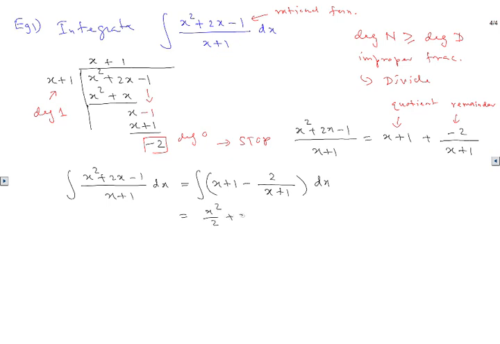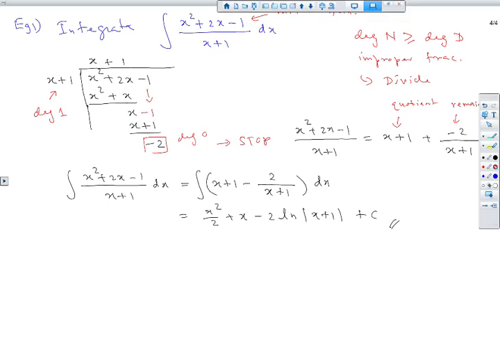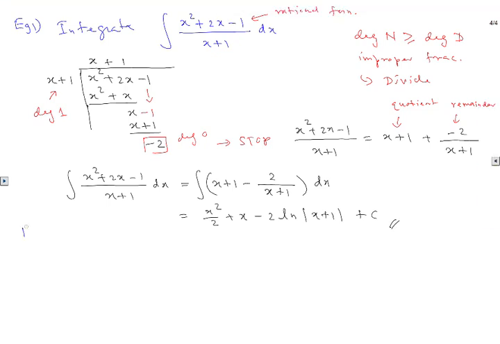If you integrate the second one, this is a log function, so you're going to get minus 2 natural log of x plus 1 plus c. So that is the answer. I hope it's very clear. So after the division, you can integrate basically term by term. So let's do another problem, a little kind of similar type.